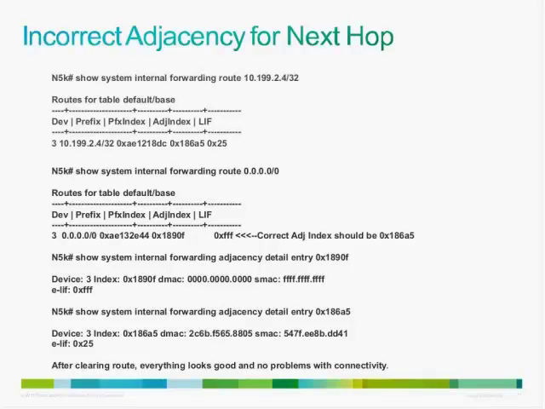particular caveat. On the 5K, you can do a show system internal forwarding route, right? And then obviously the next hop. So you can see the adjacency index over there, and based on that you can note it down, and the next output which you want to execute is the default route, right? The show system internal forwarding for the default route, which is 0.0.0.0/0.